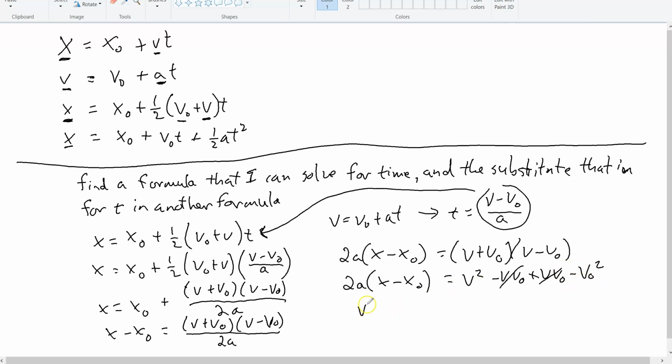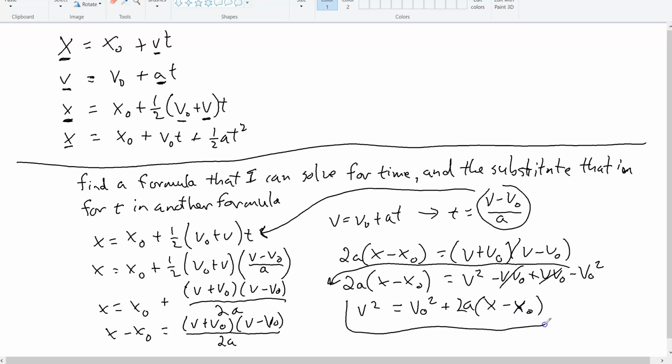So I'm going to end up with v squared equals v0 squared plus 2a times x minus x0. And this is our last formula. And in fact, we'll end up calling this the last formula because it's the last in the list, and that'll be helpful to us as well.